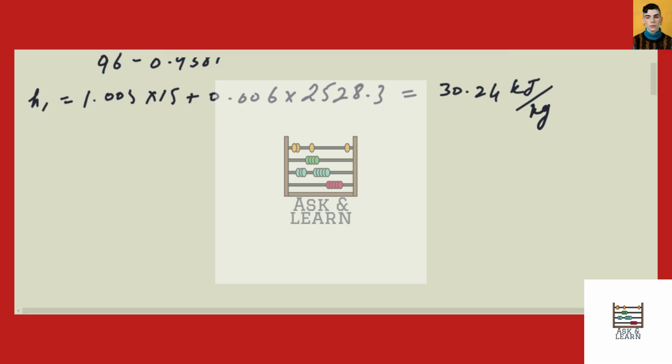using the given volume flow rate, that is V1, and V1 is equal to 30 cubic meters per minute.